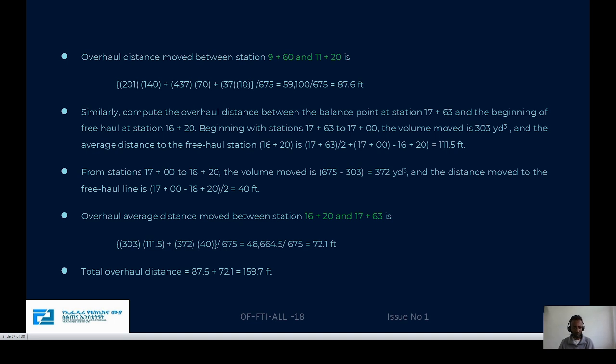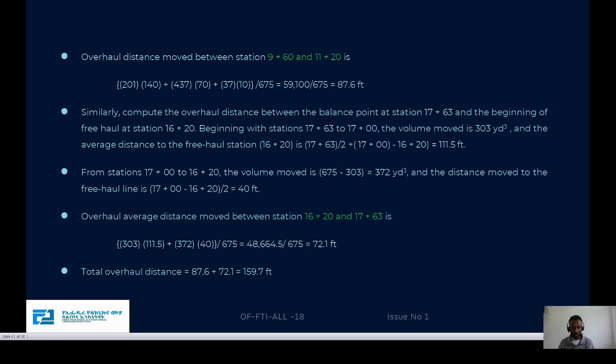So the overhaul distance between 17 plus 63 and 16 plus 20 is 303 cubic feet, and the average distance between the free haul distances is calculated by 16 plus 20 is 70 plus 63 over 2, plus 70 plus 00 minus 16 plus 20, which is 111.5.